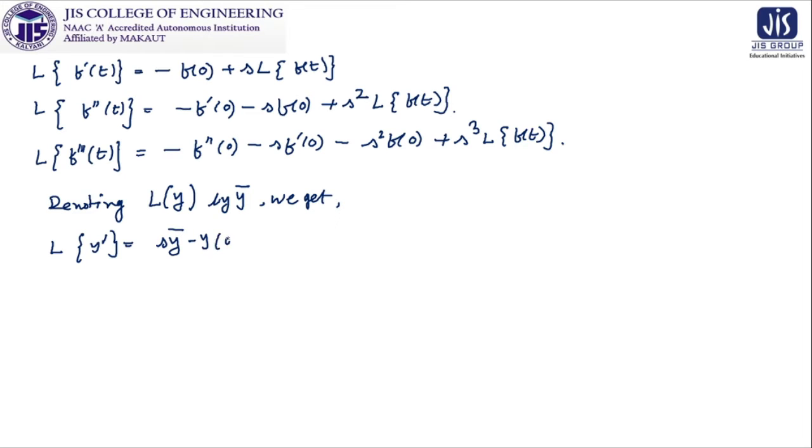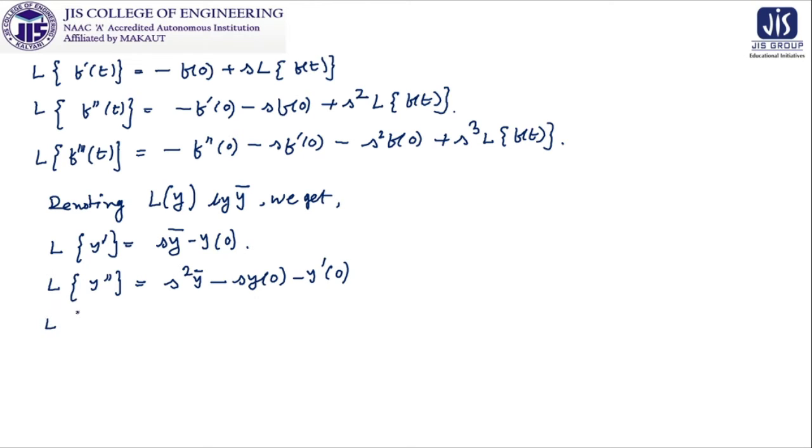We are actually making the scheme of applying the Laplace transform to the ordinary differential equation. That is why we are initially making this structure. So the Laplace transform of y double dash you can write as s square y bar minus s y(0) minus y dash 0.